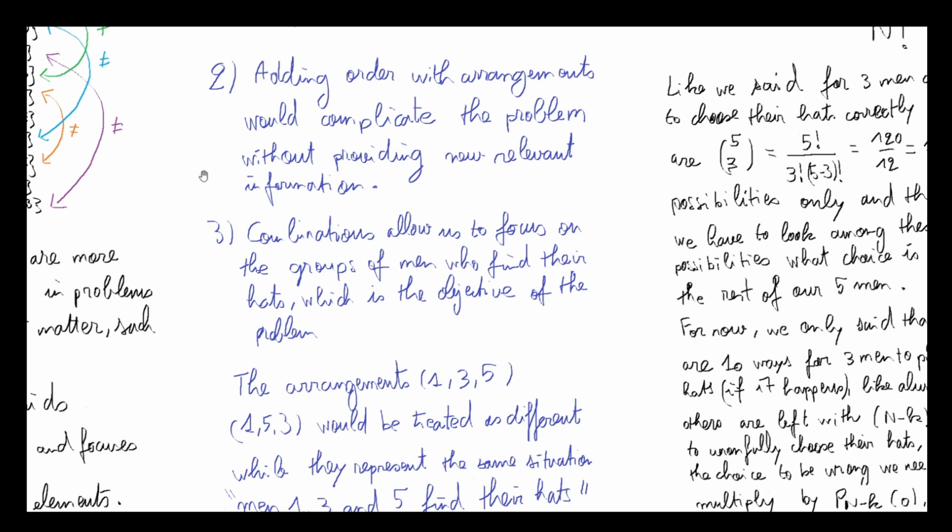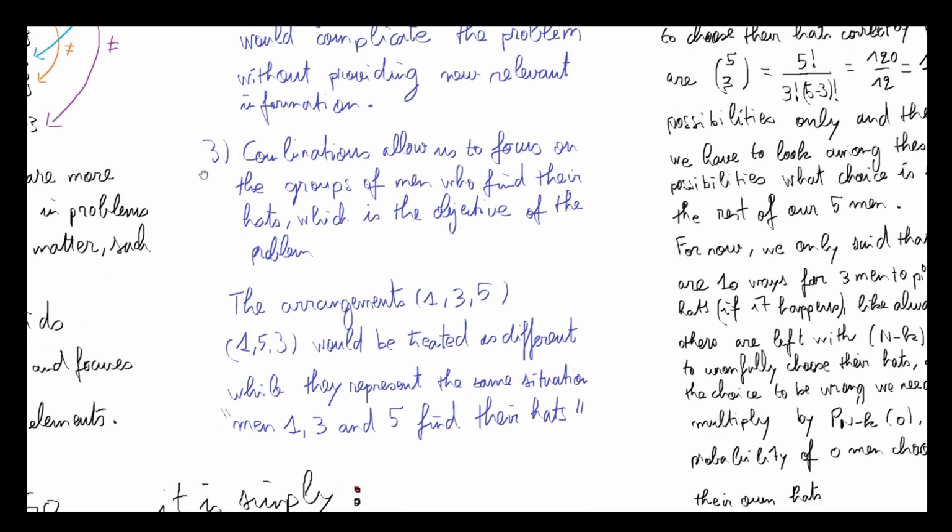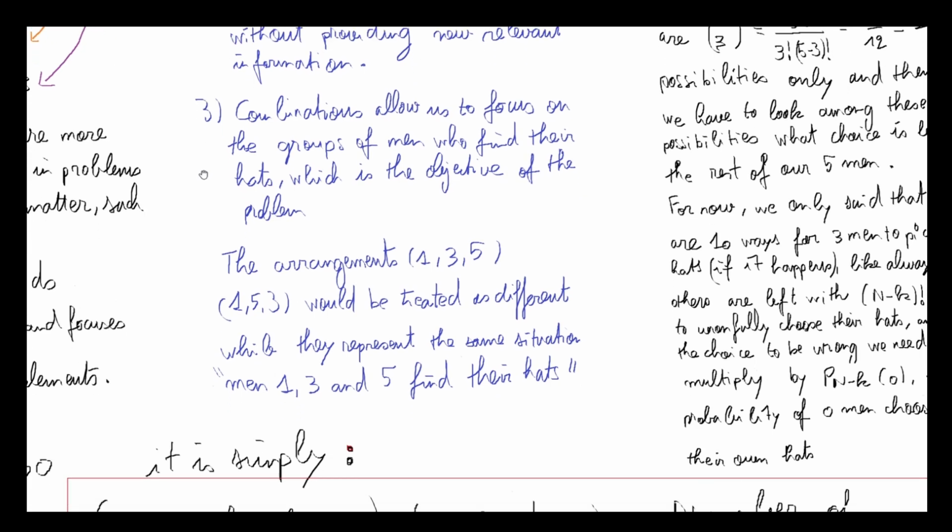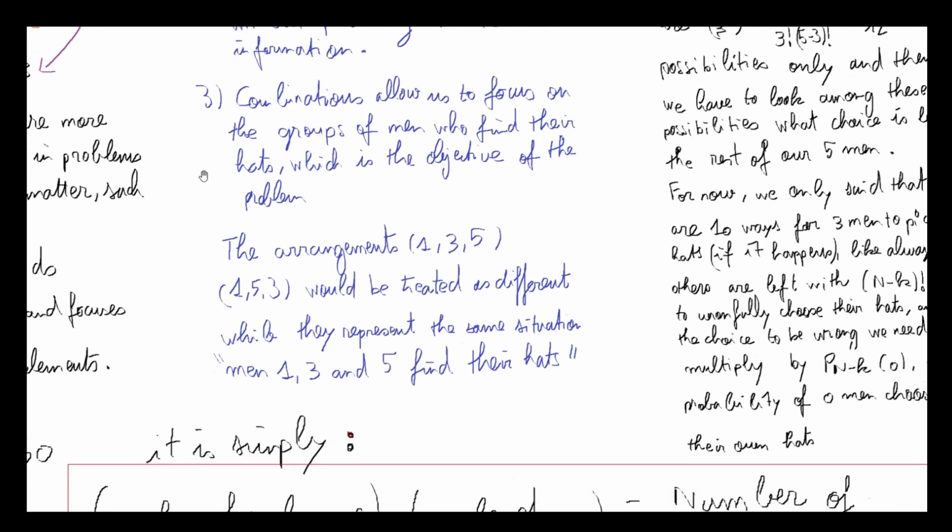The arrangements 1, 3, 5 and 1, 5, 3 would be treated as being different, while they represent the same situation: men 1, 3, and 5 find their hats. So it is the same thing as men 1, 5, and 3 finding their hats, or men 5, 1, and 3, or 5, 3, and 1, and so on.